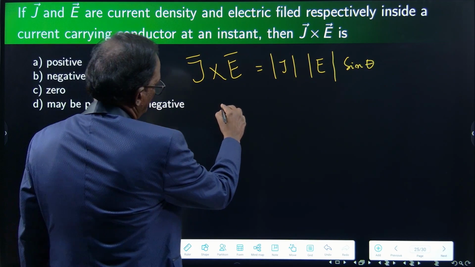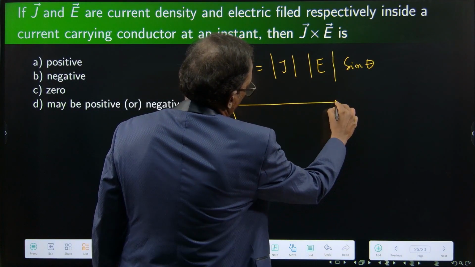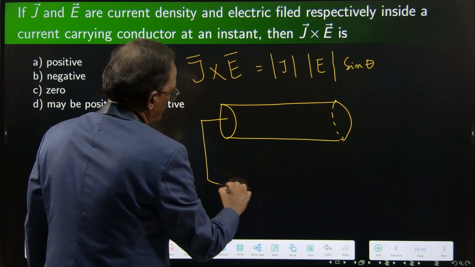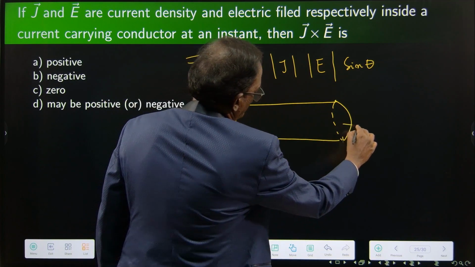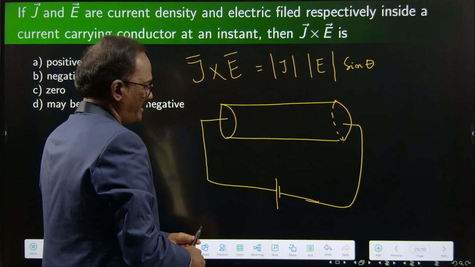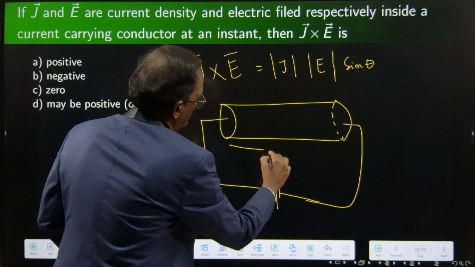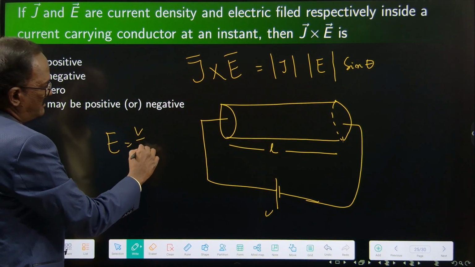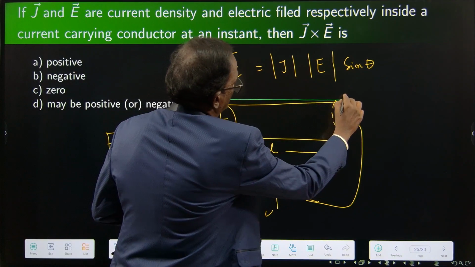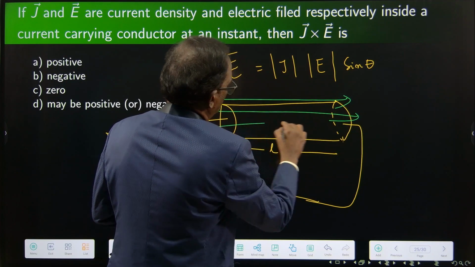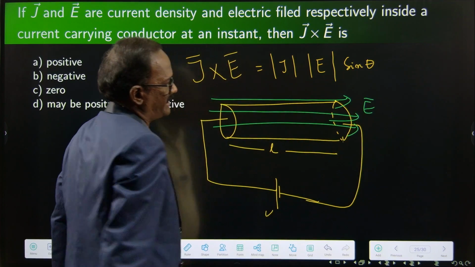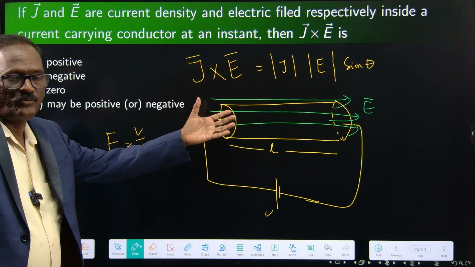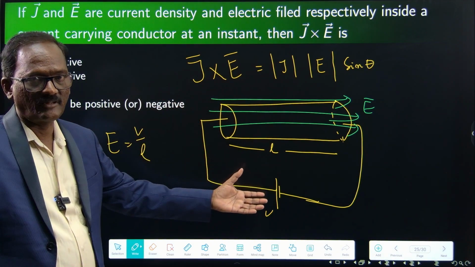J cross E. Let us take one conductor. I am applying some voltage to develop E. This is V and this is L. V by L is giving me E. These are E lines. Then the applied electric field pulls all the electrons towards the positive terminal of the battery.